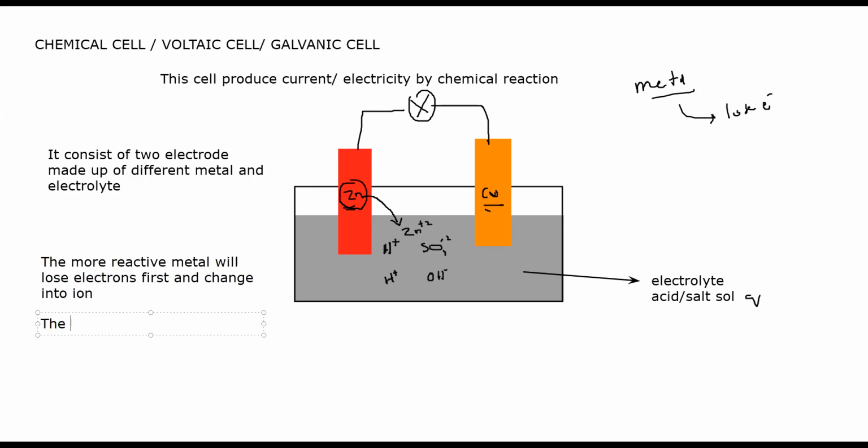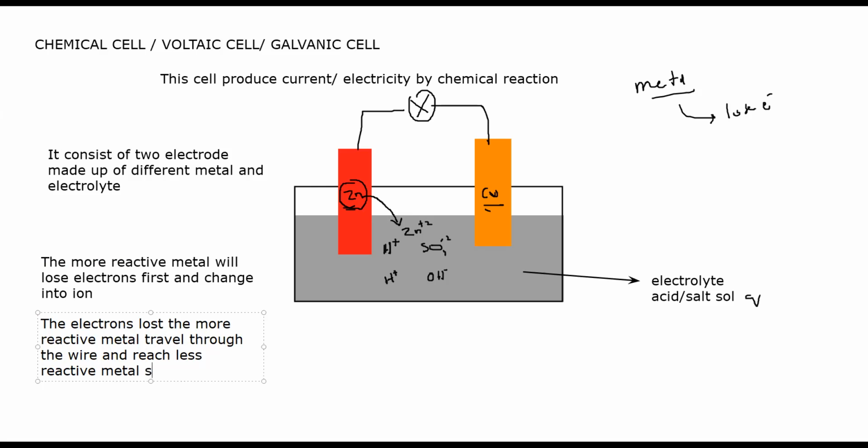So the electrons lost by the more reactive metal travel through the wire and reach the less reactive metal surface. So what happened, the zinc atom will go inside the solution as a zinc ion.